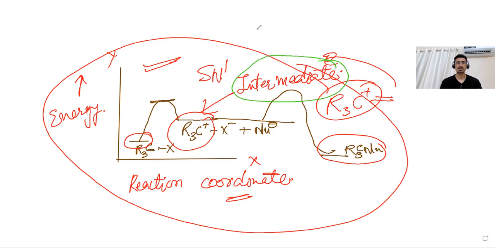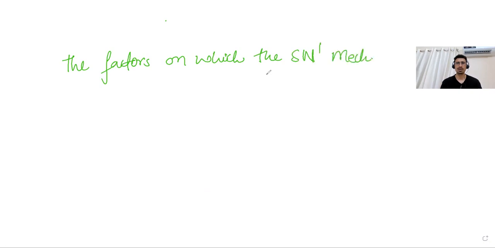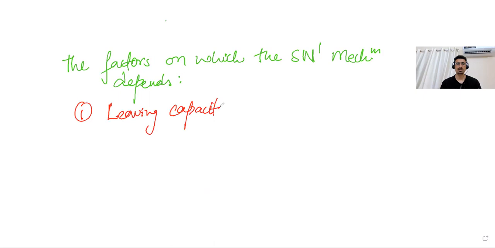Now we will be discussing the factors on which the SN1 mechanism depends. First of all, it depends upon the leaving capacity of the leaving group.